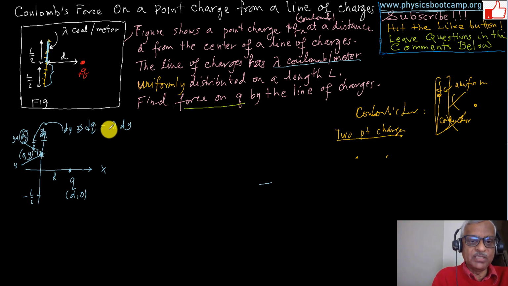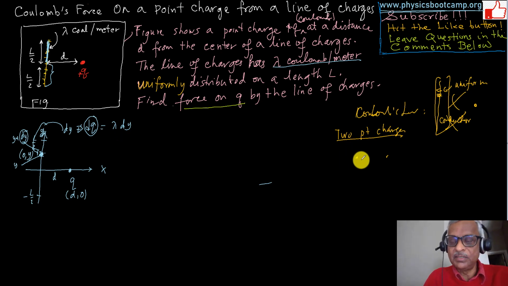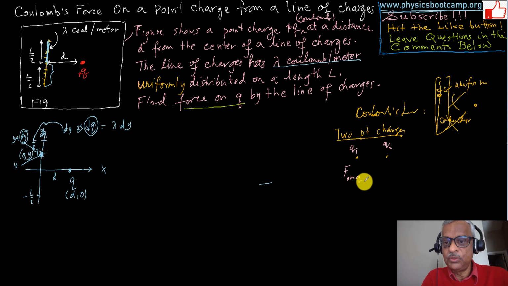Okay, so if this was a point charge, you can see from Coulomb's law, say this is q1, this is q2, and the force on q2 will be equal to k q1 q2 over the distance between them, r squared, and then you have a u hat.